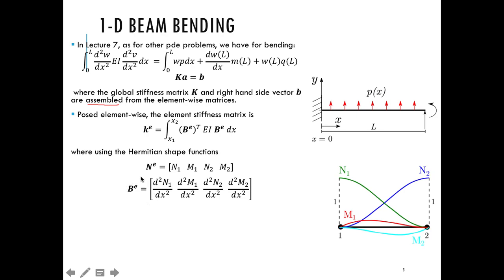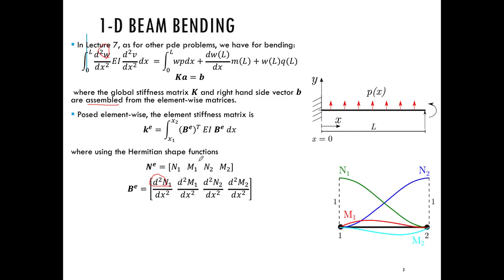And then my B matrix, which contains the derivatives of the N matrix, actually contains a double derivative. Why? Because it corresponds to the fact that we have double derivatives in our weak form. Okay, great.